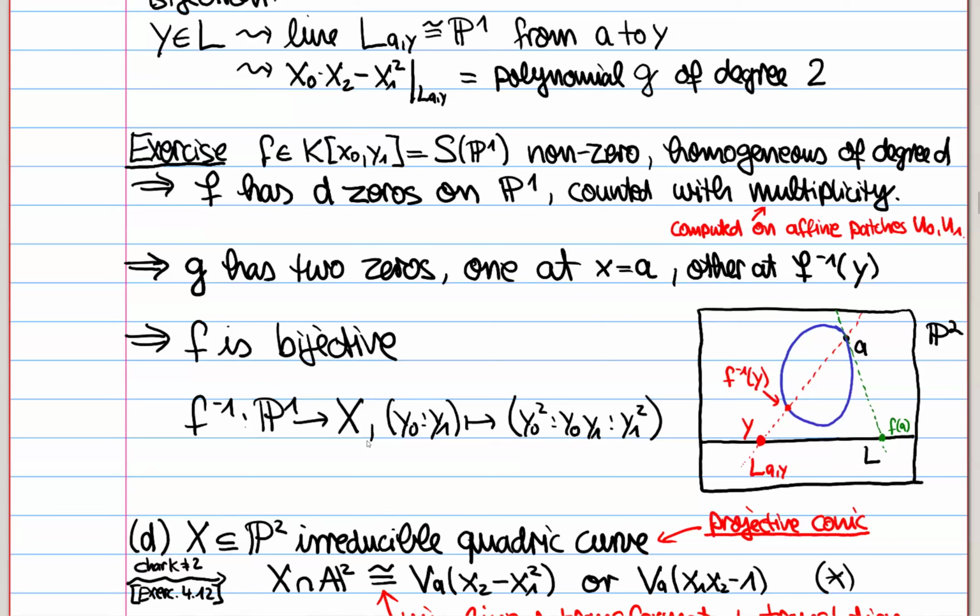So this shows X is actually isomorphic to P1 as a pre-variety. So we have started with one concrete conic, and we have shown it's isomorphic to P1. This is basically the first non-trivial isomorphism of projective varieties that we have seen. This particular conic is isomorphic to P1.